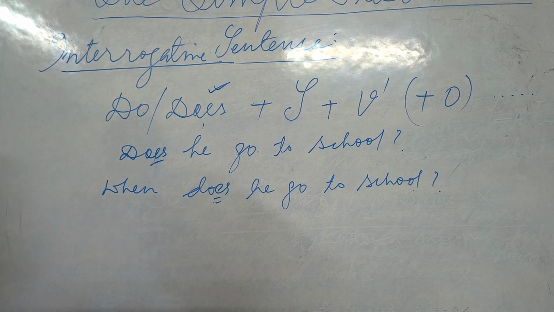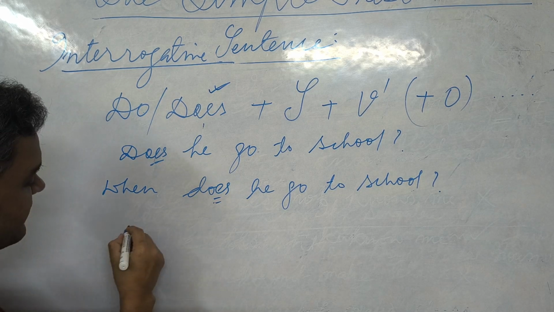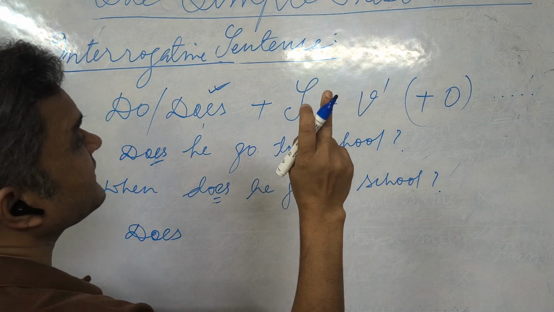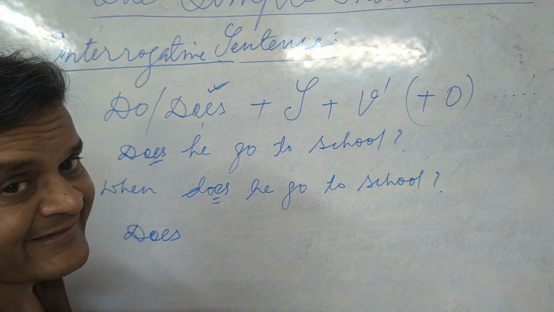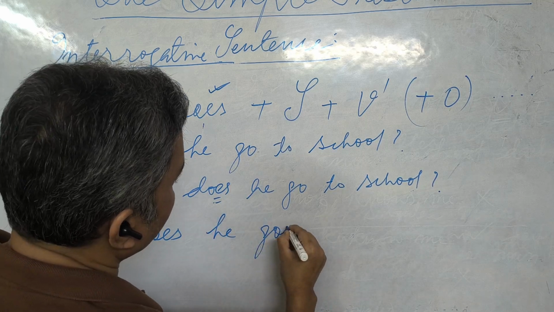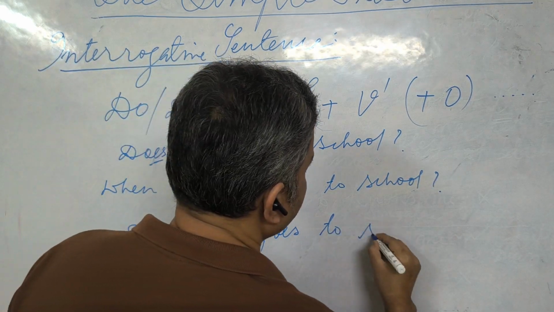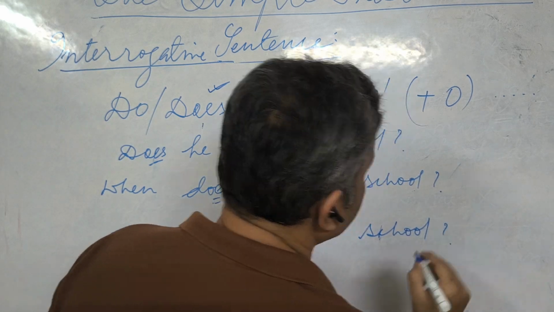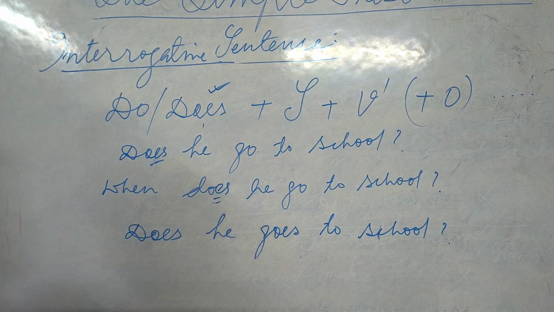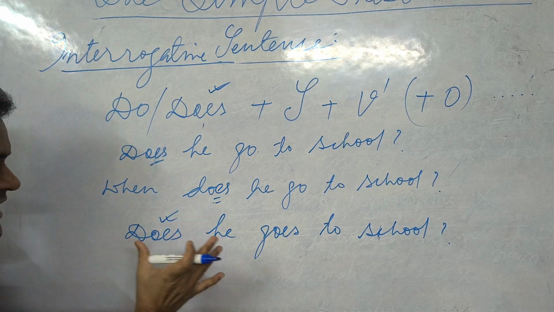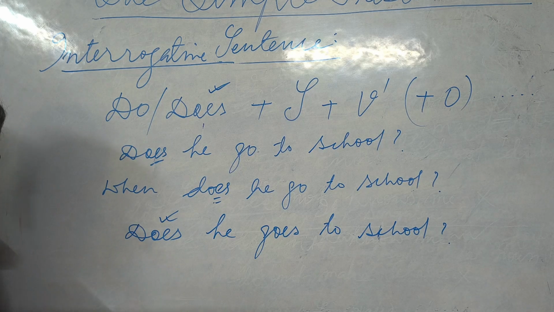Another mistake which people usually make here is even after using does, they will use the V5 form, right? They will say, does he goes to school? Don't do that. Once you have already used does, the entire verb phrase has become singular.